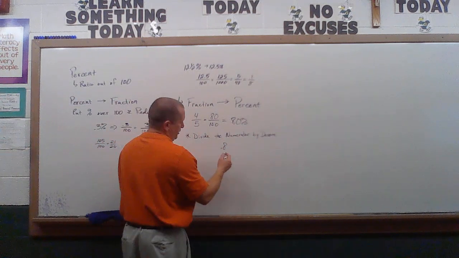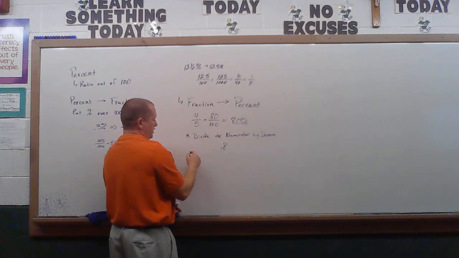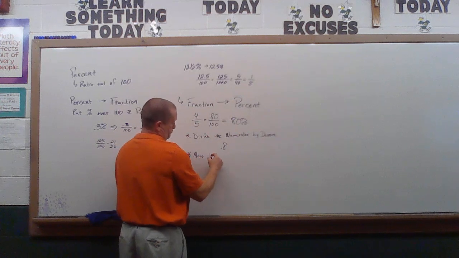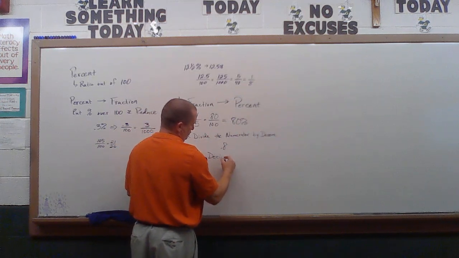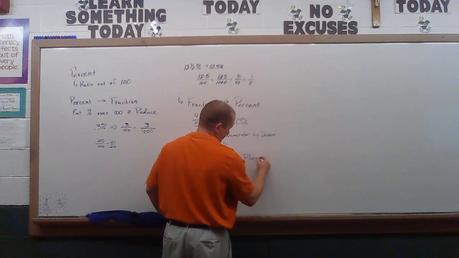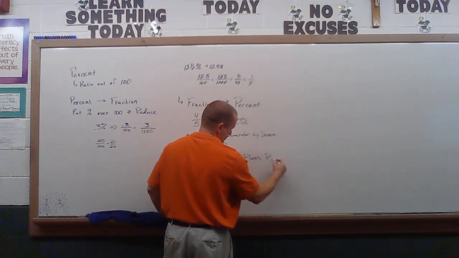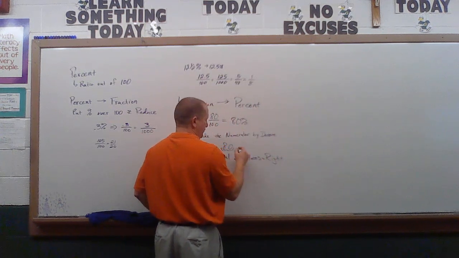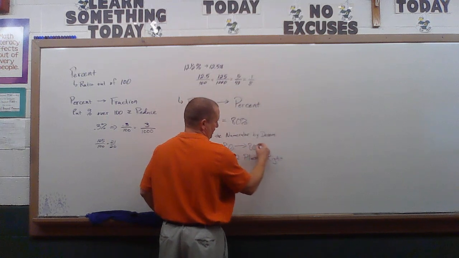Okay? But then, so we're going to divide the numerator, and then we're going to what? Move the decimal 2 places, which way? Yep. So this will always work also. So we go 1, 2, and then fill in that spot, and we still get 80%.